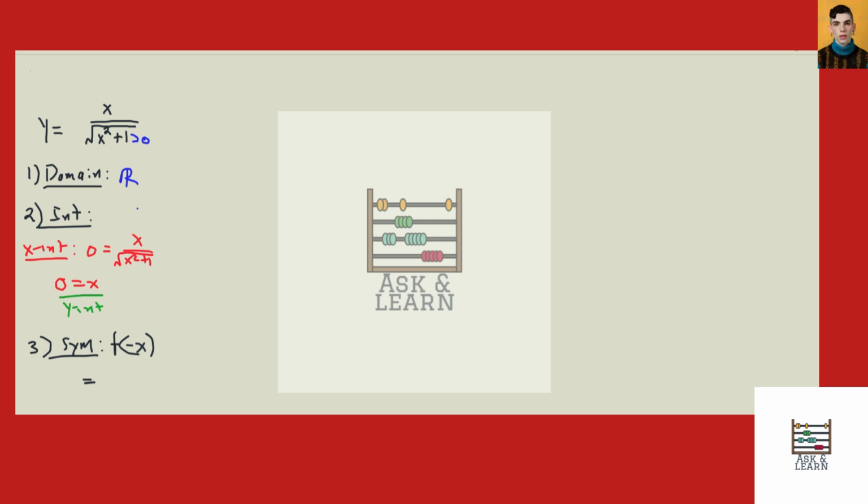So plug it in, negative x will give us negative x in the numerator, and negative x squared, which would just be x squared plus 1, and this here is equal to negative f of x. So we know we have an odd function, so odd, and that means symmetry about origin.